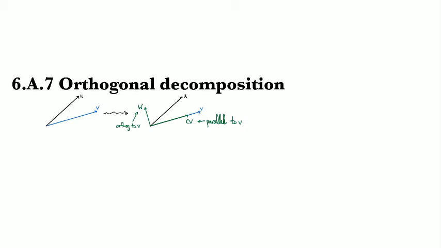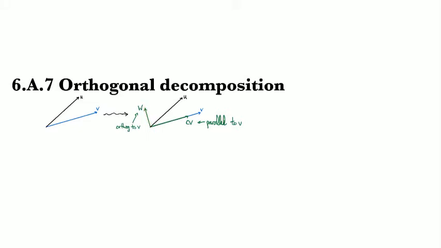Then I can see u in terms of the v component along here, and also in terms of the orthogonal component along here. The sum of these two green vectors will give me u. That's the thing that we're looking for.